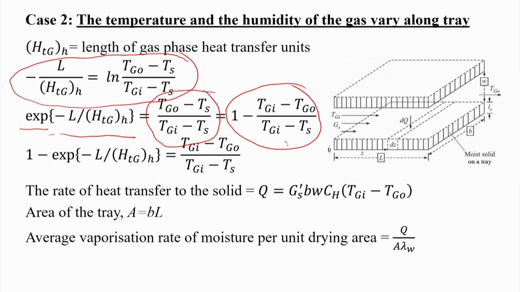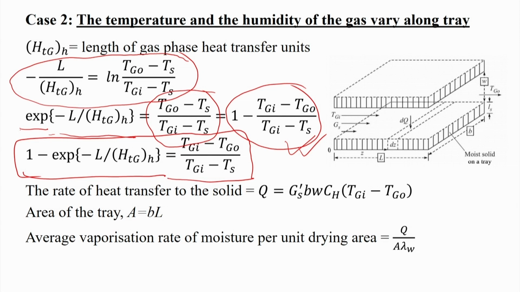So, we are now incorporating all these temperatures: the inlet temperature of the drying gas, the outlet temperature of the drying gas, and the temperature of the wet solid. Again, by manipulation, 1 minus exponential of minus L by HTG is equal to (TGI minus TGO) by (TGI minus TS).